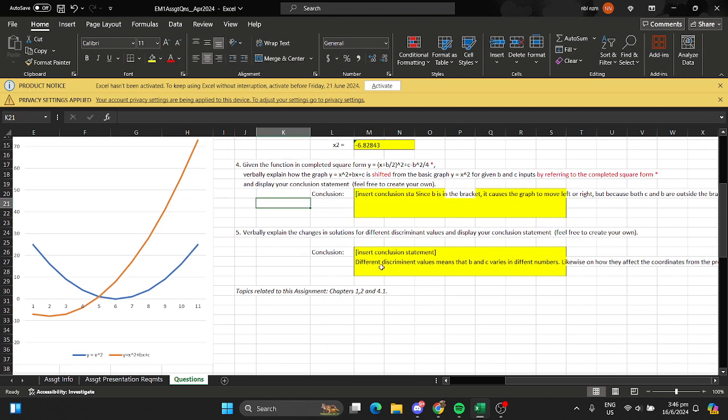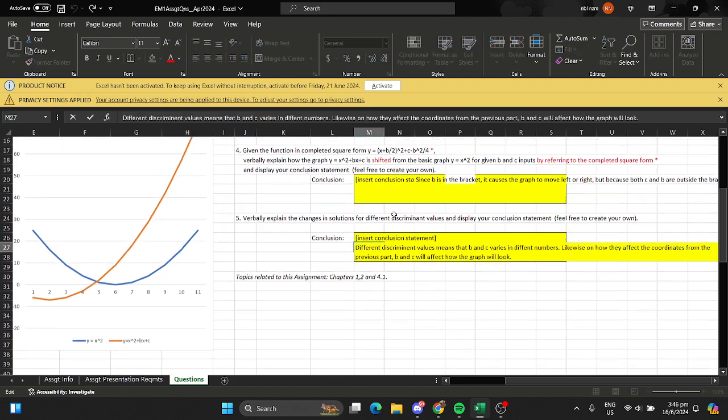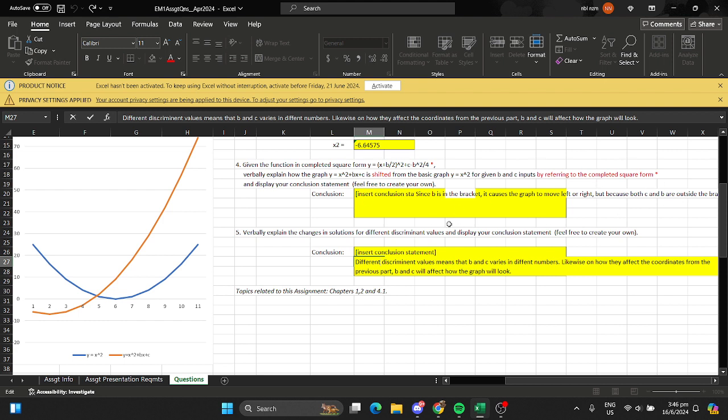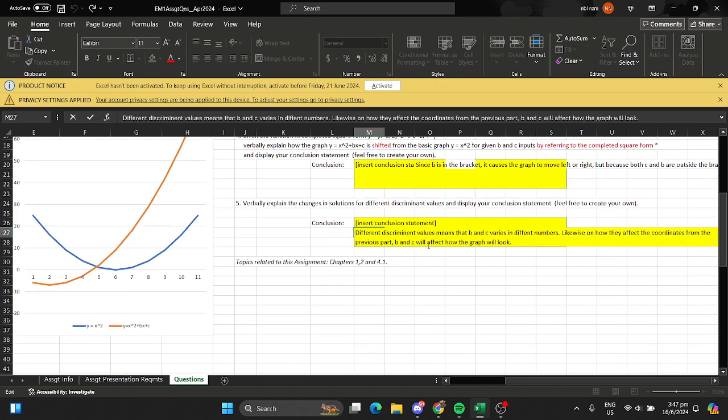For question 5, likewise in the discriminant, when I change the number, let's say number 9, it will change. Likewise for this question, for the discriminant to change, the values b and c will need to change as well. So the discriminant will change if the numbers b and c change.